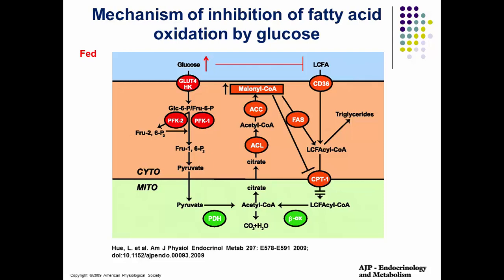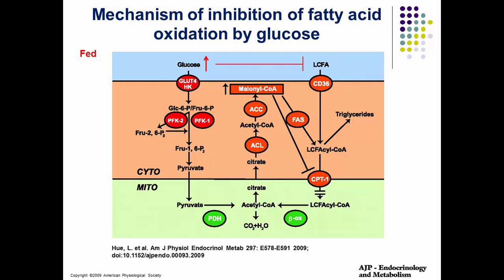Malonyl-CoA is a key substrate that can regulate fatty acid oxidation. Malonyl-CoA can inhibit CPT1 activity and reduce the transport of fatty acids from cytosol to mitochondria for beta oxidation.